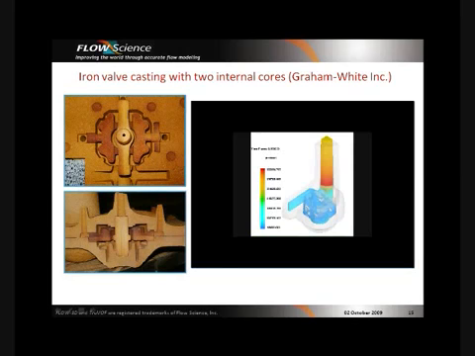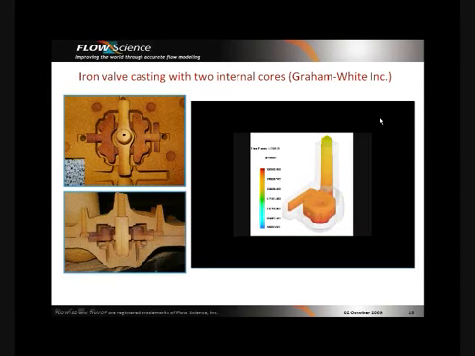There's a slight lag in relay here, so I'll wait a second. Shown on the screen is the actual T and saddle cores used in the foundry. On your right, you can see the pressure contours of the metal filling process through the sprue, passing the filter, and then filling both the cores and the cavity.